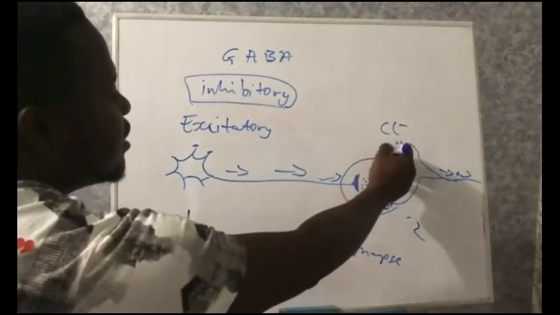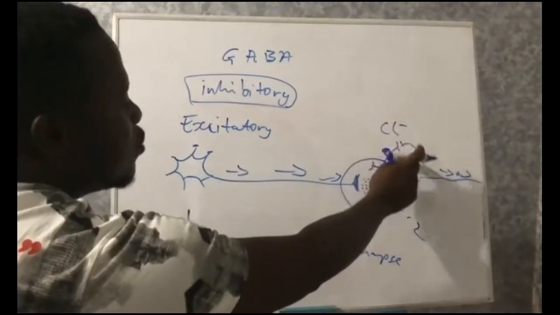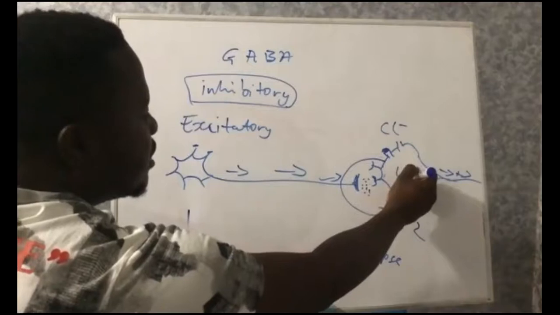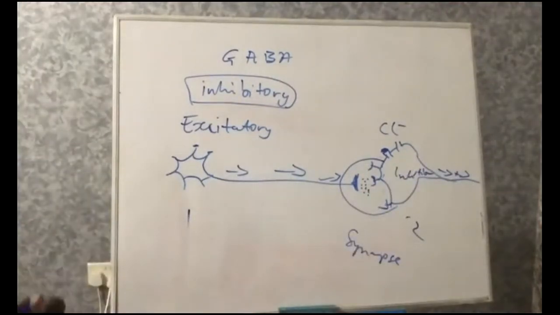GABA will bind to its receptor, then ion channels will open, and chloride will come inside and cause inhibition, okay? Maybe as we go along, I'll explain more about the physiology of this neurotransmission, okay? Membrane physiology.